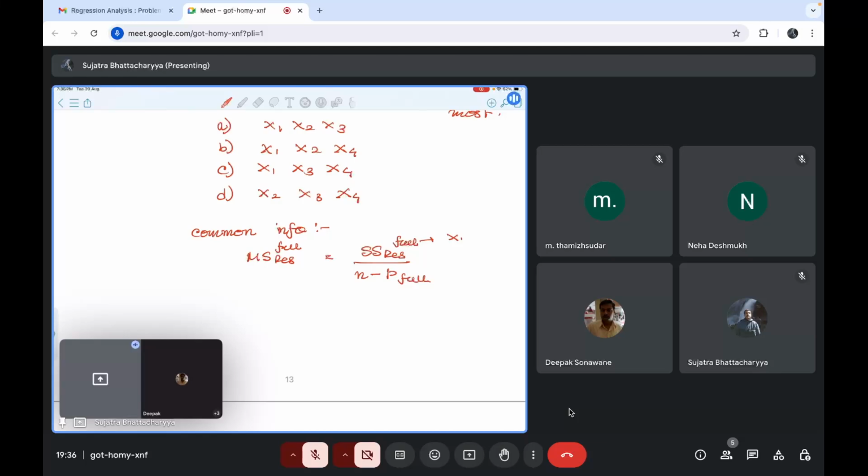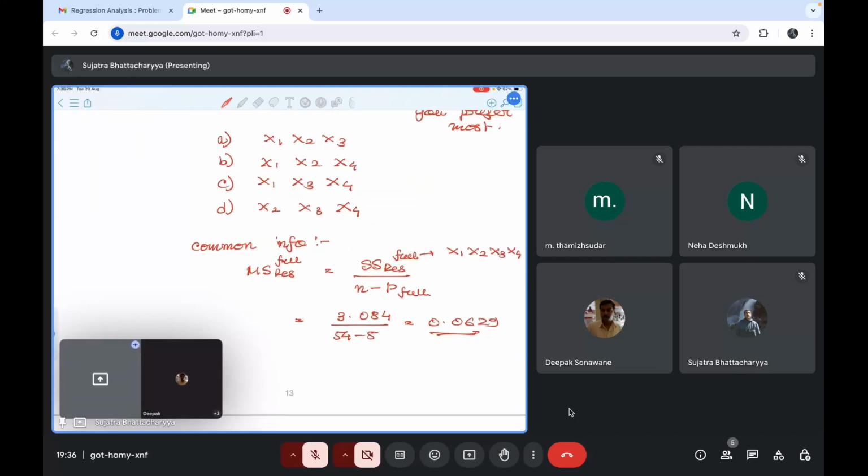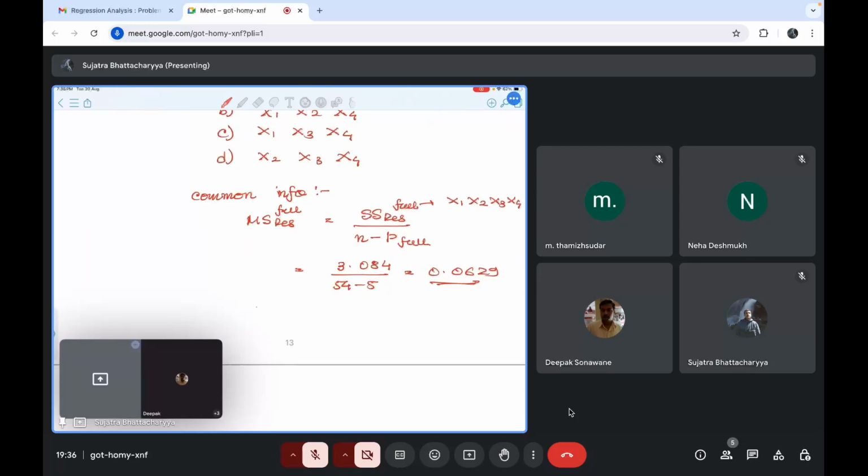Full means x1, x2, x3, x4, all regressors present. We have already calculated it. So this is 3.084 divided by 54 minus 5, which is 0.0629. This is the common information. Next, in all the cases there are three regressors. So p minus 1 is equal to 3. So p will be equal to 4.